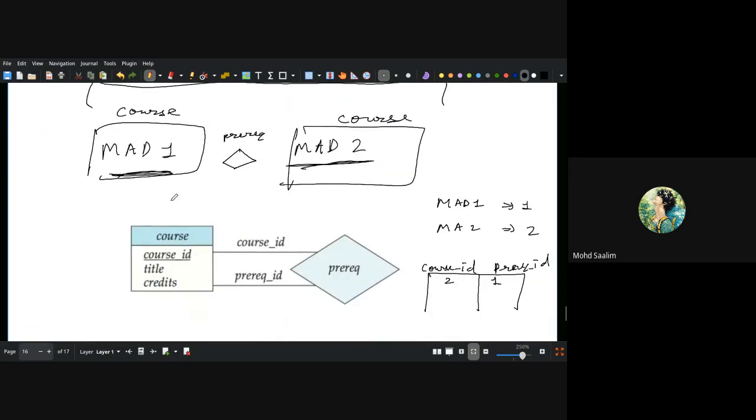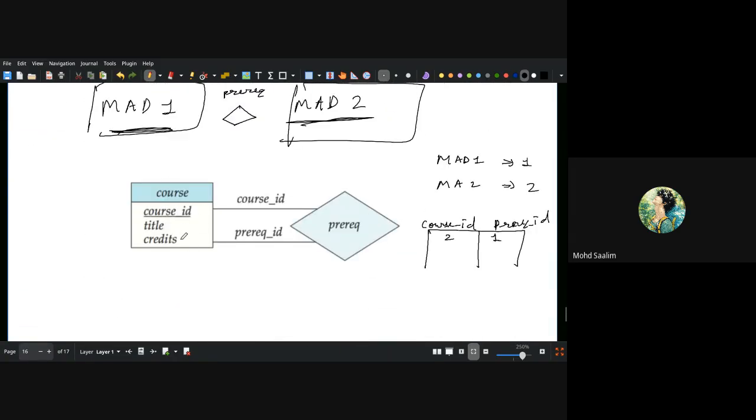And here you have the relationship with the same entity set two times. So we are just renaming our ID two times, just to distinguish between them and determine the relationship. Course ID is different, prerequisite ID is different. To make this relationship possible, we are doing that. Otherwise, you would have something like course ID, comma, course ID. It will be way more confusing, right? You will not be able to understand which one is the prerequisite and which one is not. Correct?